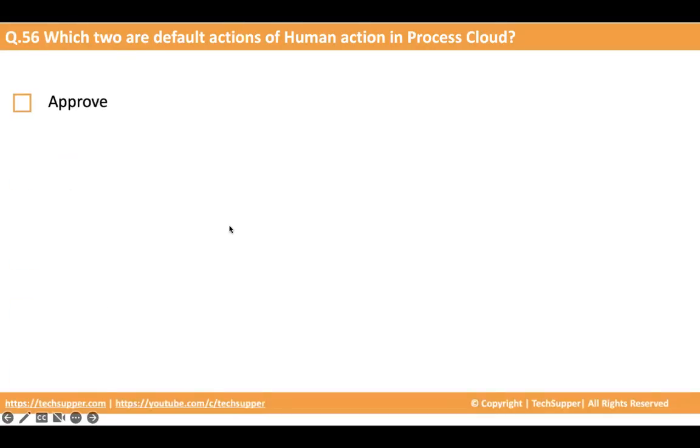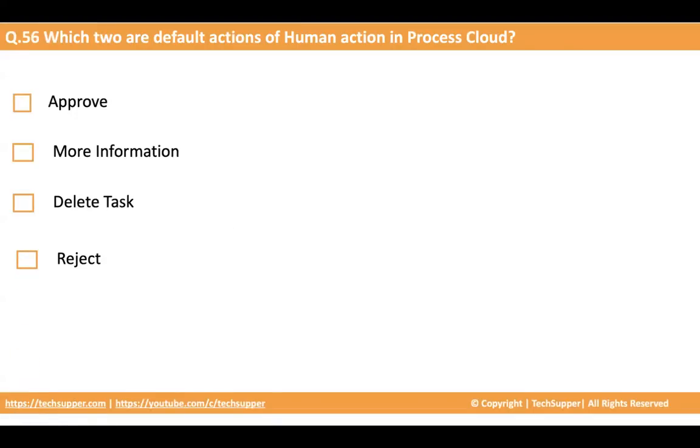The options are approve, more information, delete task, reject. Which two are default? You can create more and more, but which will you get by default? The correct answers are approve and reject. So approve and reject are the two default actions under human action, which you can use, but you can add more and more if you want.